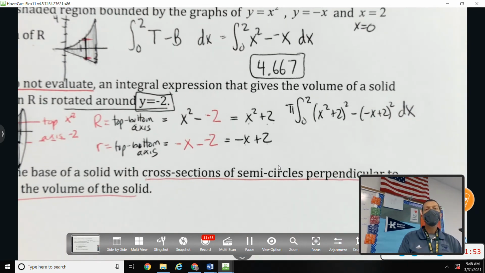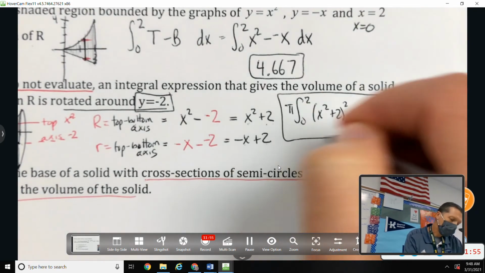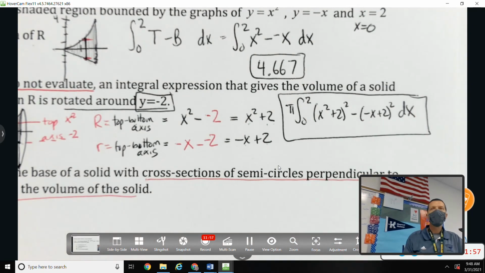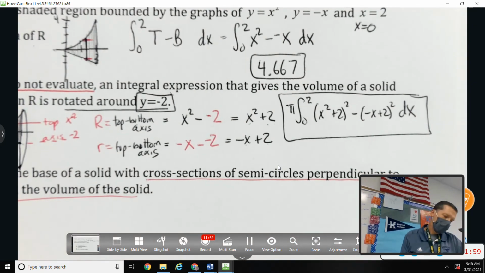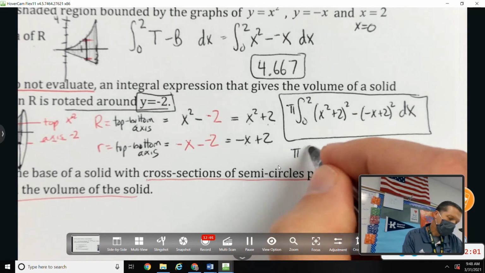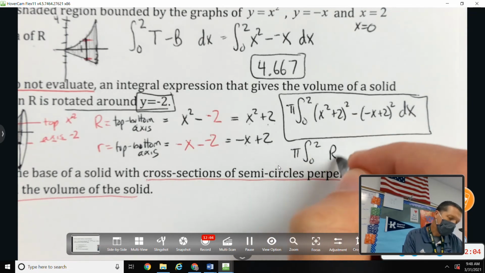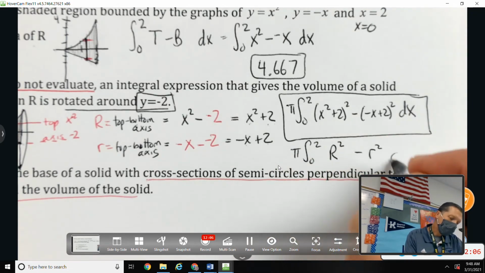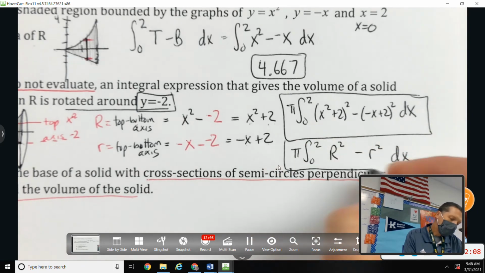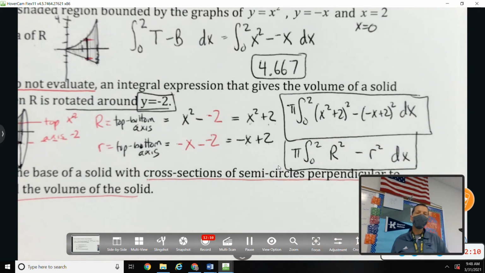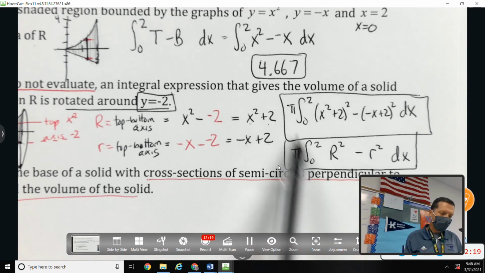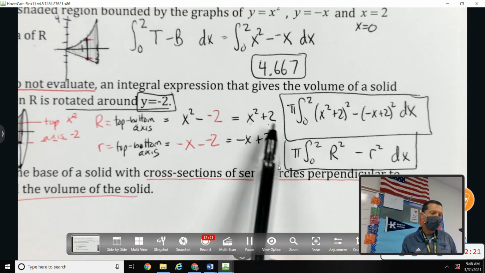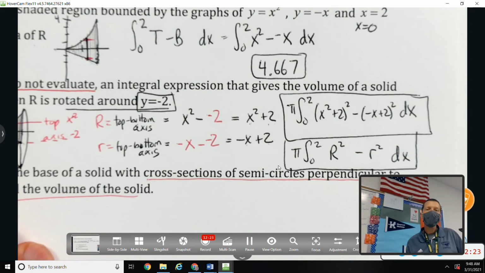And this one said don't evaluate, so we're good with that. Since it said don't evaluate, I would have been okay if you'd just written R squared minus r squared, because we defined who big R and little r are. Again, that's the easy part, so I'm not really worried about that. The key point is getting the two r's correct.